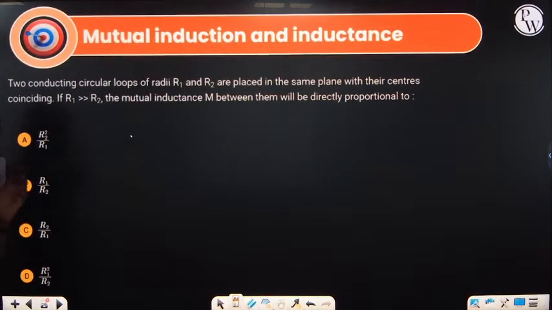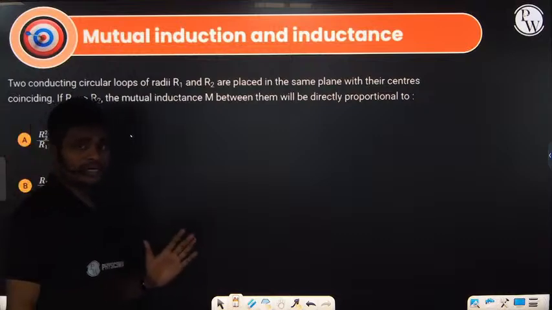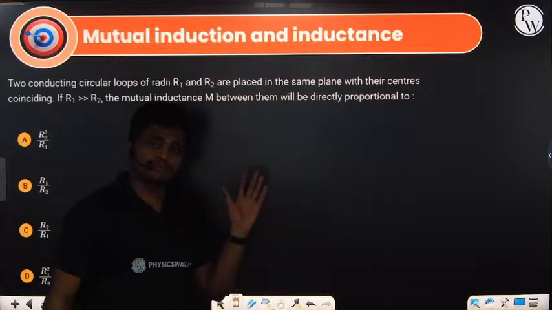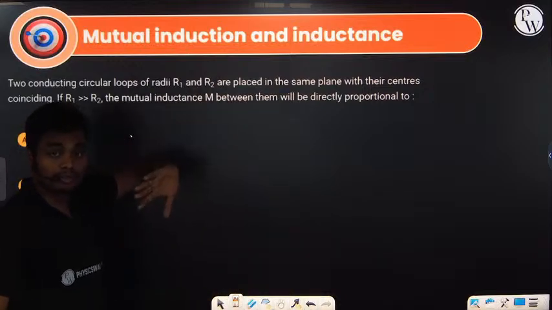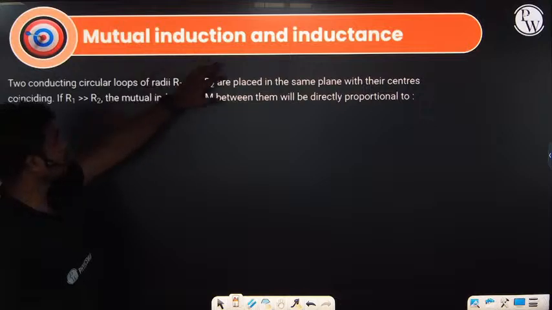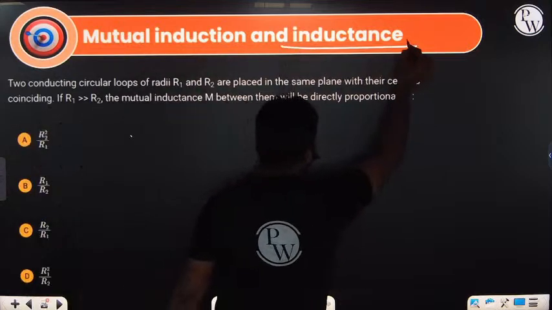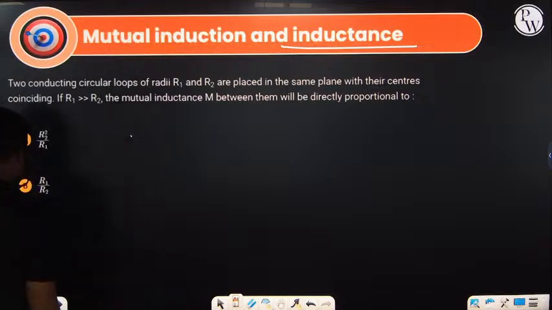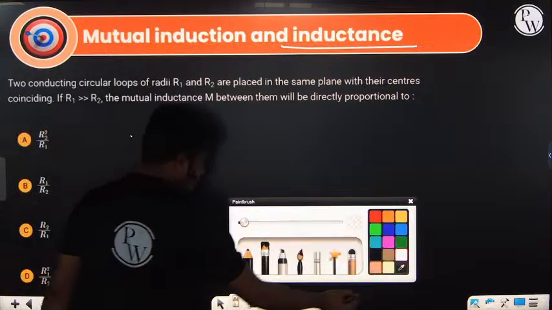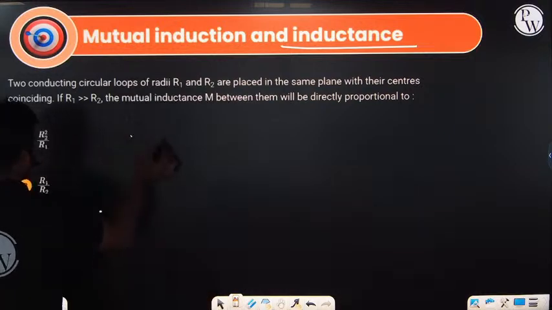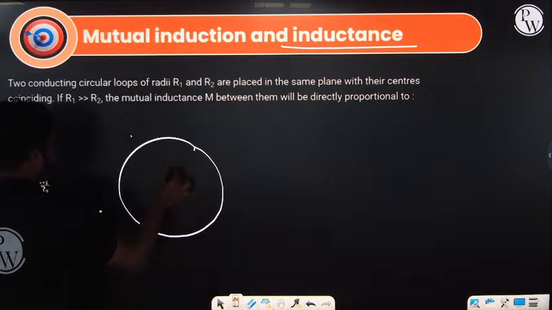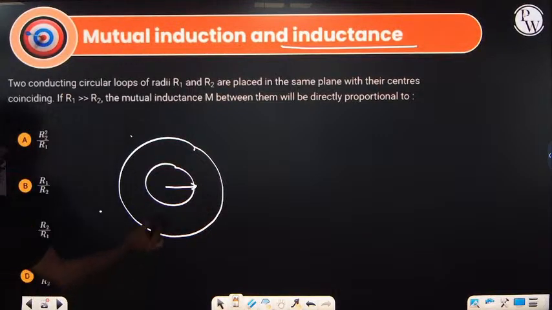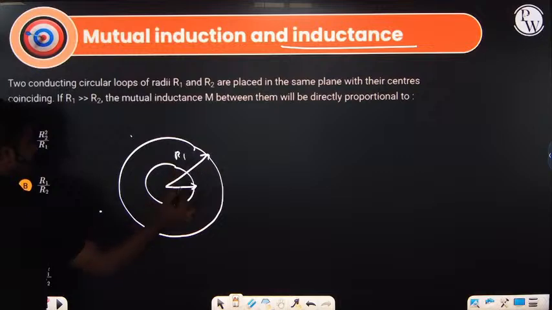Next is mutual inductance. Mutual inductance happens whenever the current changes in one coil and an EMF is induced in another coil. That phenomenon is mutual induction, and the term that governs this property is mutual inductance. For this case, there are two conducting circular coils of radius R1 and R2, with their centers coinciding, and R1 is very much larger than R2.